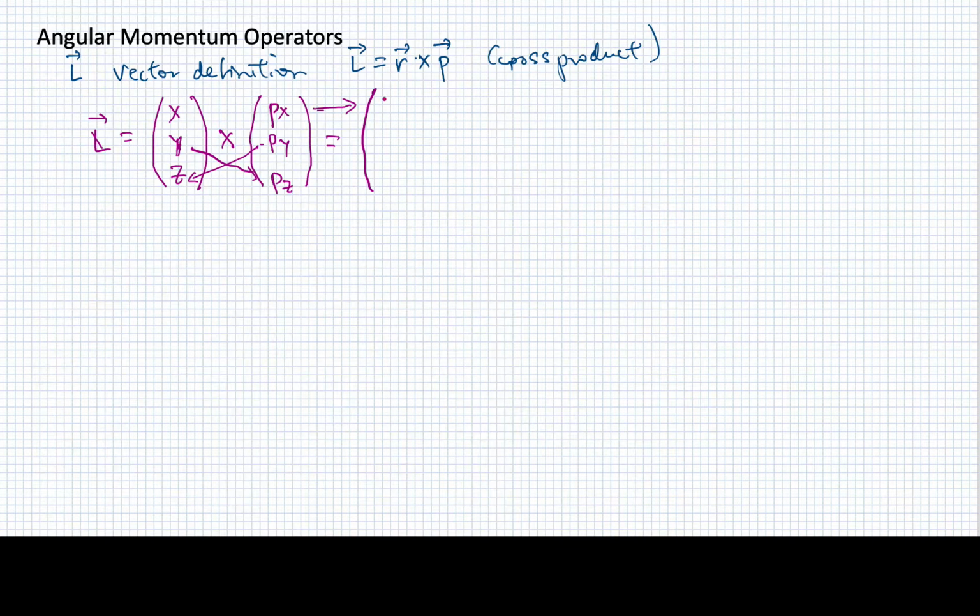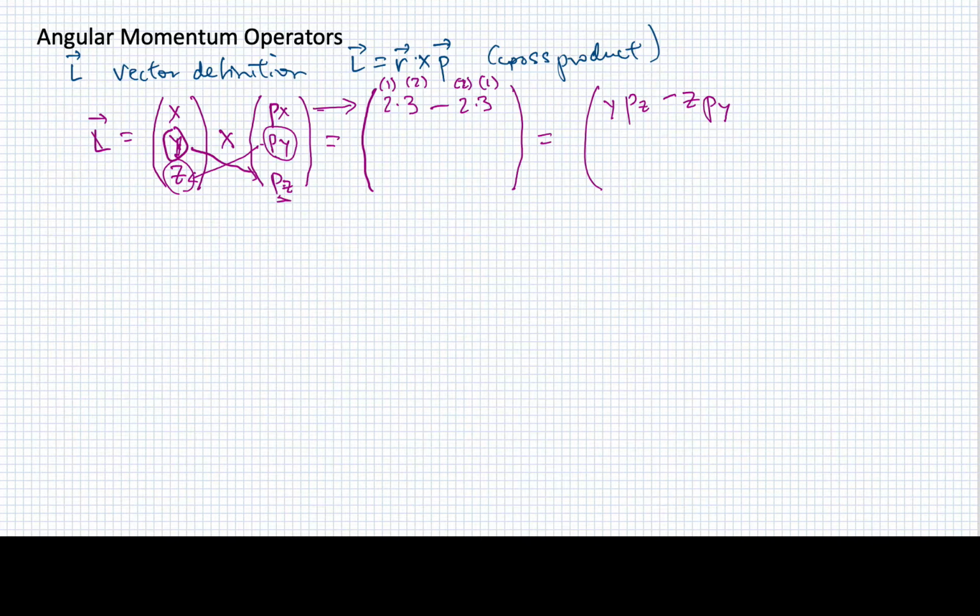So in other words, I would take 2 times 3, in the first vector and the second vector, minus 2 times 3, where I reverse those. So I'm going to take y times pz minus z times py. I'm simply taking this quantity times this minus this quantity times this.